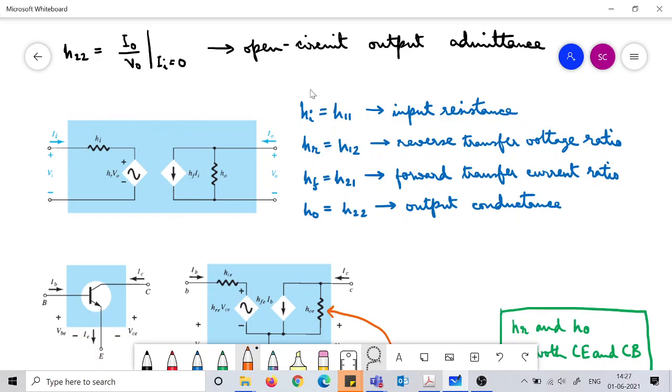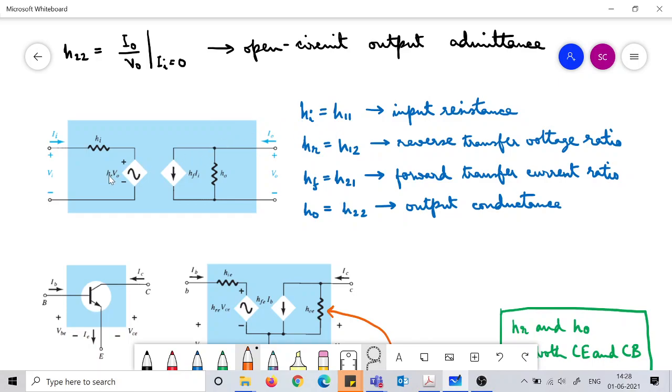And as per the definitions we had obtained, you simply see that this hi is nothing but h11, because if your v0 is 0, then hi is the input impedance. So hi would be h11.